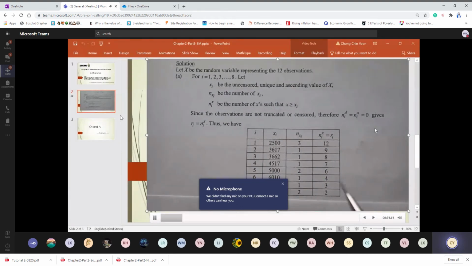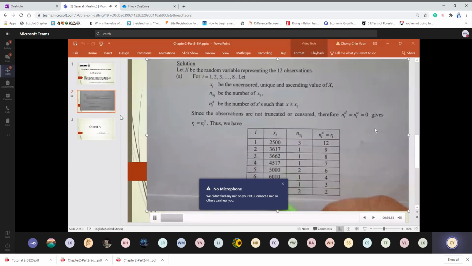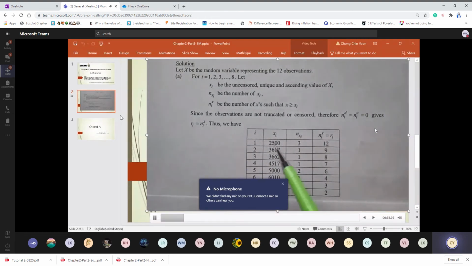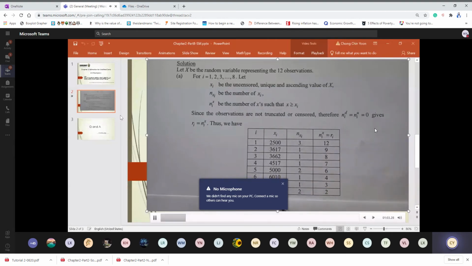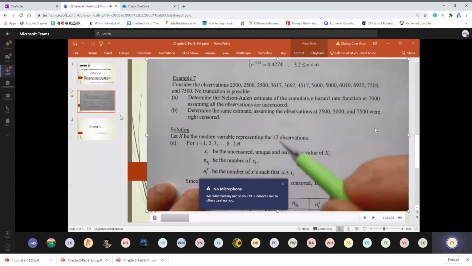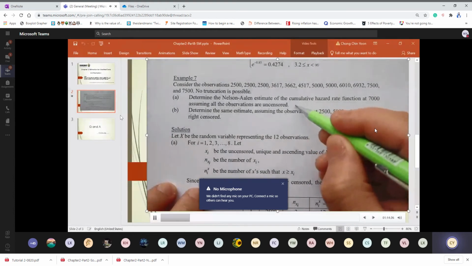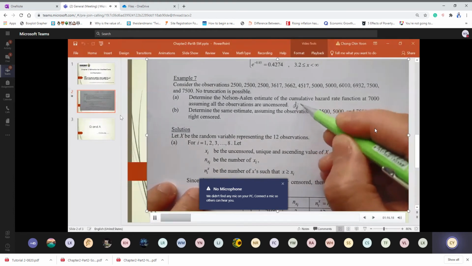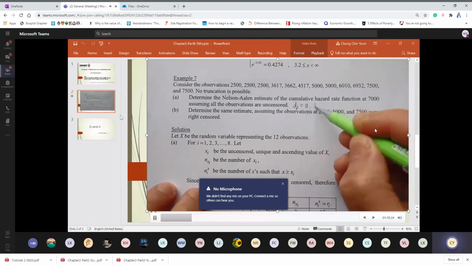That means under this X value, we have 8 data. However, 2005 repeats 3 times, 5000 repeats twice, and 7000 repeats twice. The rest are 1. The question says that assuming all the observations are uncensored, that means there's no truncated value and no censored value.